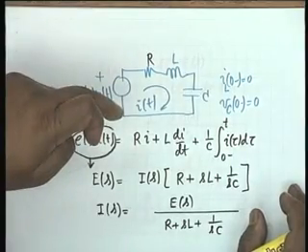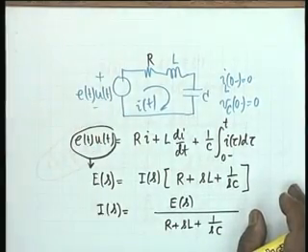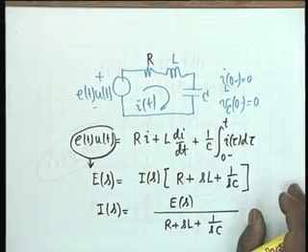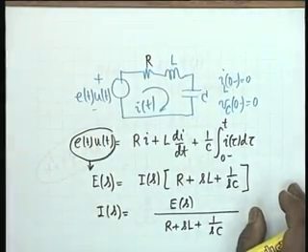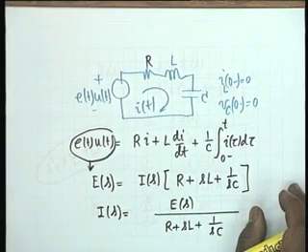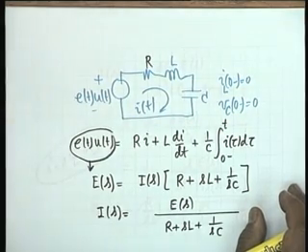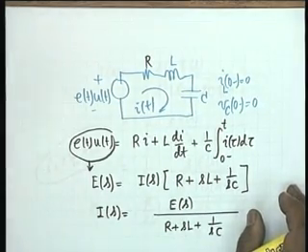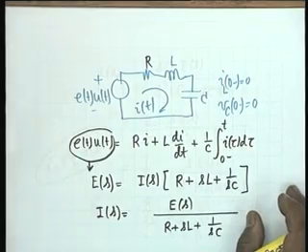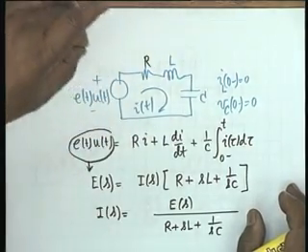So what would be I of 0 plus? It must be 0. What would be I of infinity if you look at the physical situation? 0. So it is only between 0 and infinity that the current is allowed to play, whichever way it wants to go. It can go positive, it can go negative, and so on. But at 0 and infinity, the limits are constrained to be 0. The current must vanish.